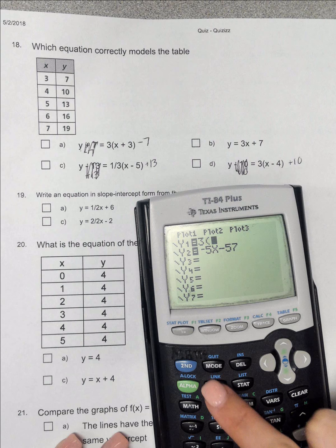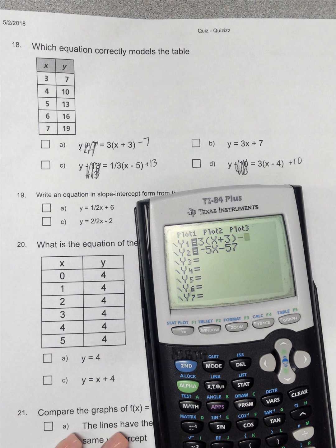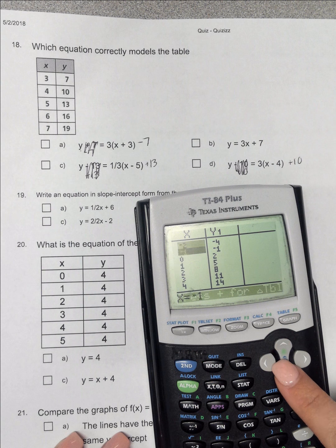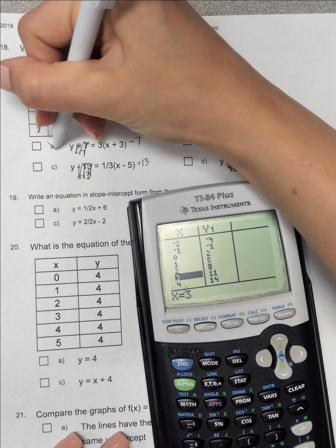3 parentheses x plus 3 minus 7. 3, 7, nope, not that one.